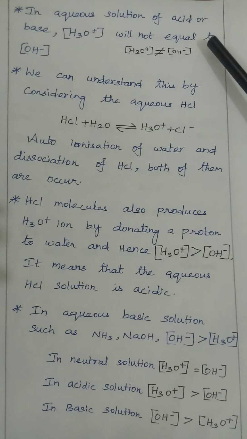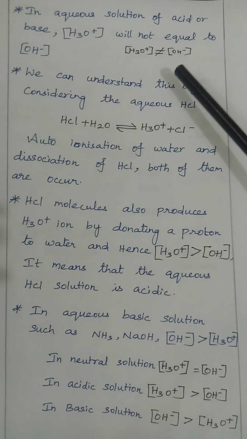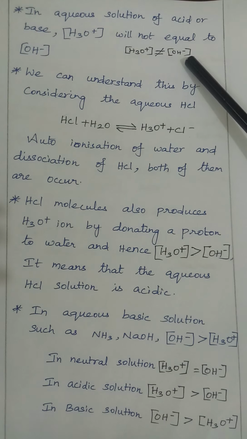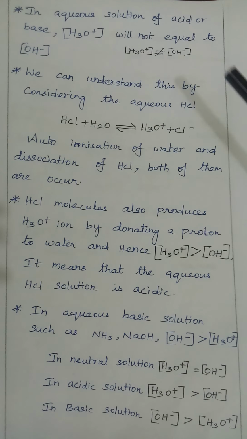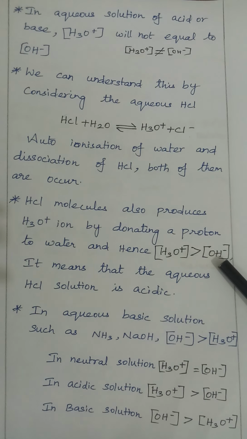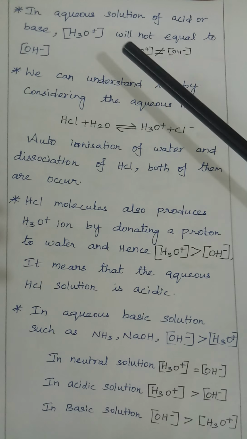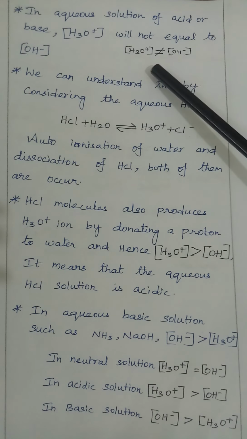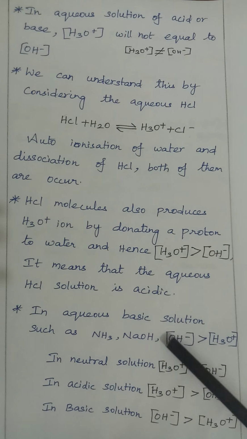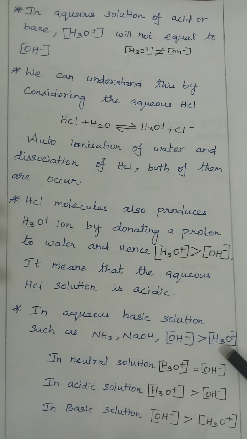In aqueous solution of acid, H3O+ will not equal OH- ion, because in acid the H3O+ concentration is greater than the OH- ion concentration. In aqueous solution of base, H3O+ will not equal OH- ion, because in base the OH- ion concentration is greater than the H3O+ concentration.